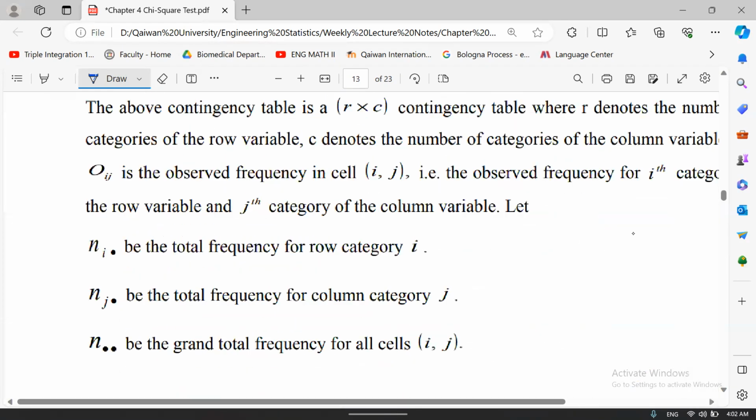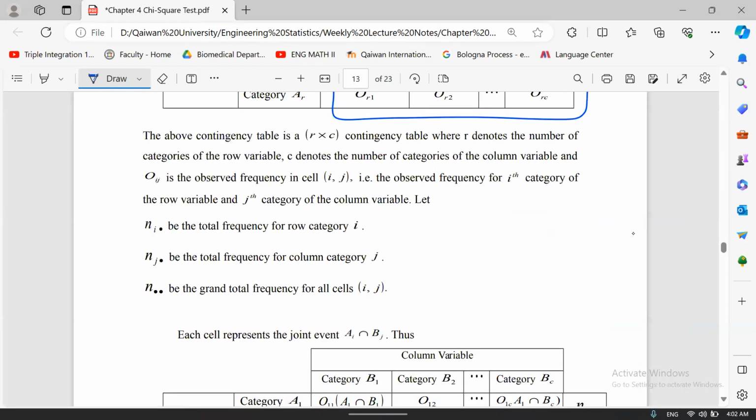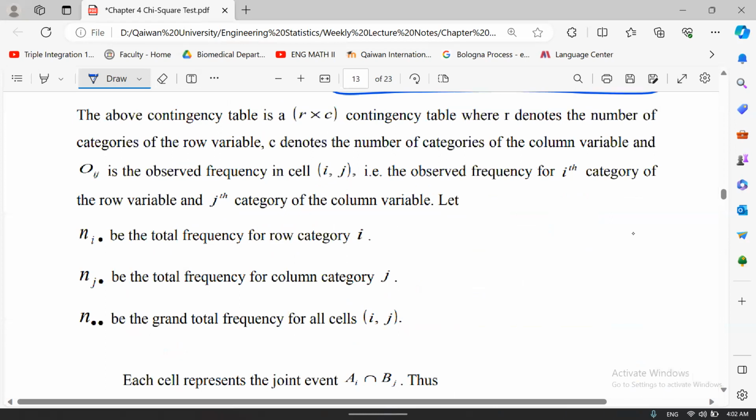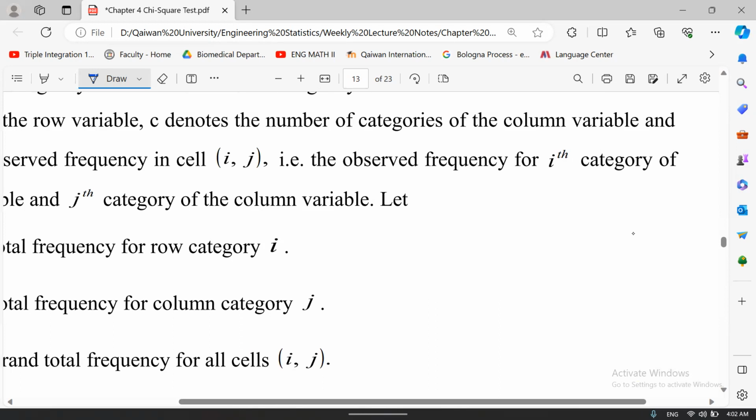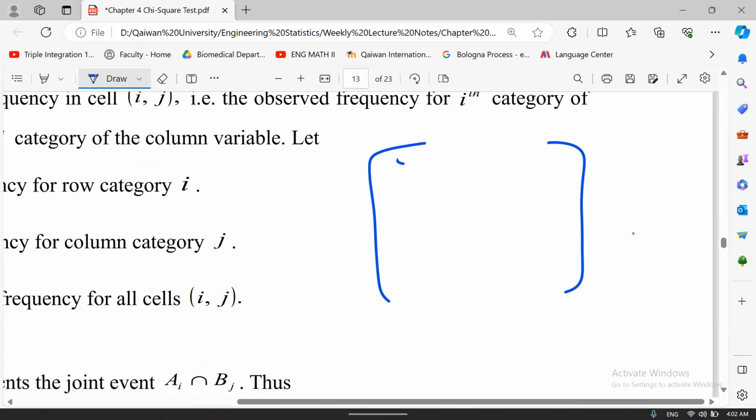Here, in finding the expected frequencies, we need to find these things, n_i dot. n_i dot means the sum of all elements in the ith row. For example, let me give you an example. If we have these numbers, let's say 2, 4, 8, 5, 6, 2, 3, 7, 5.